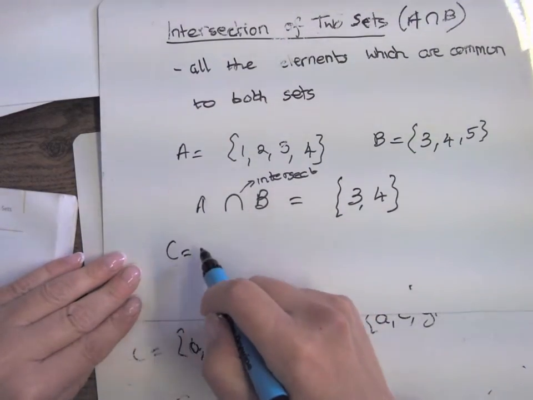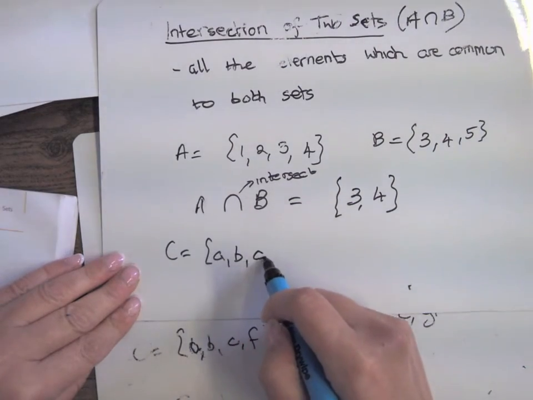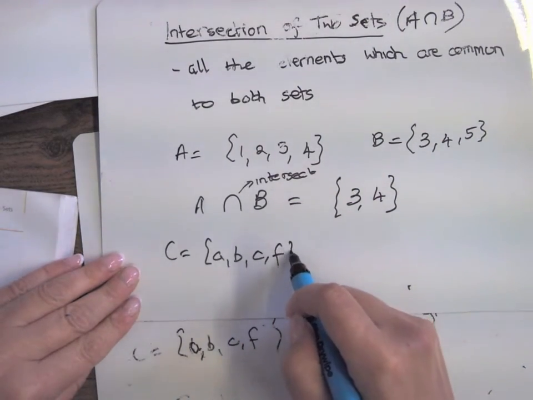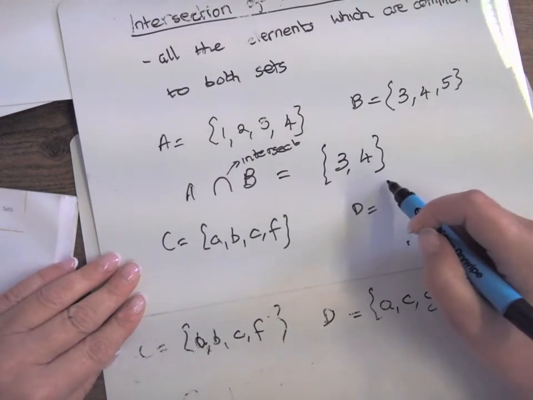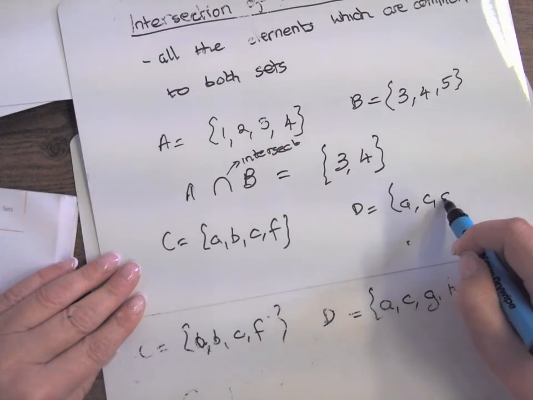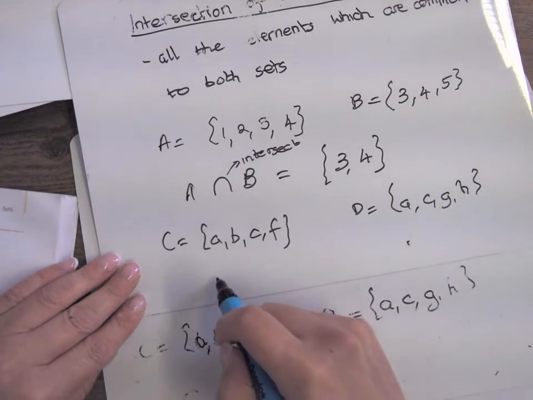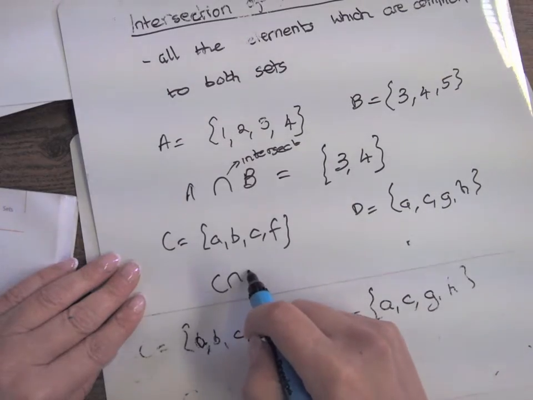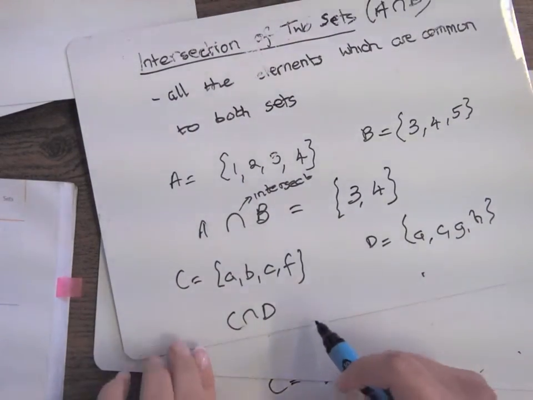C equals A, B, C, F. D equals A, C, G, H. So C intersection D. So C, this upside down symbol, what's the answer?